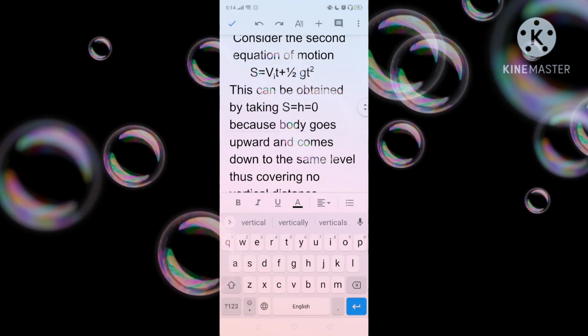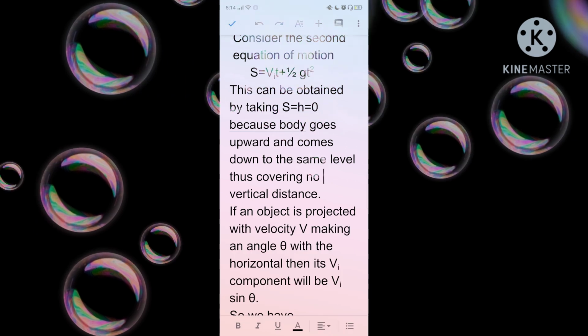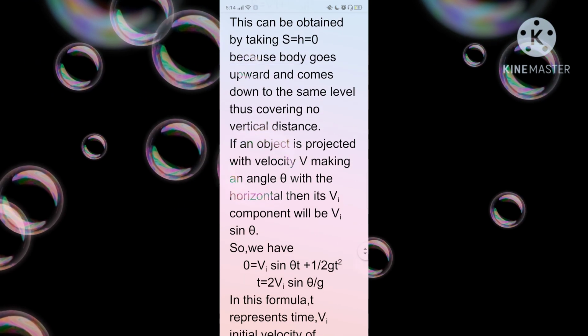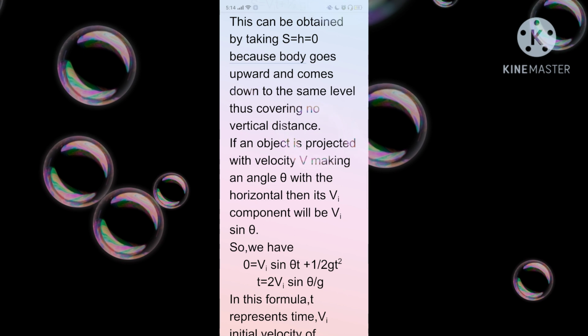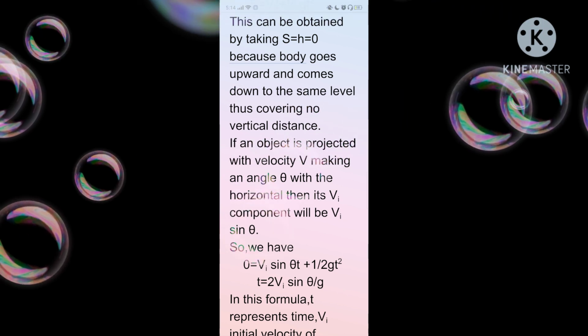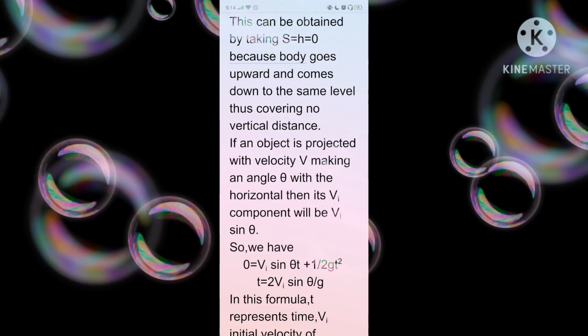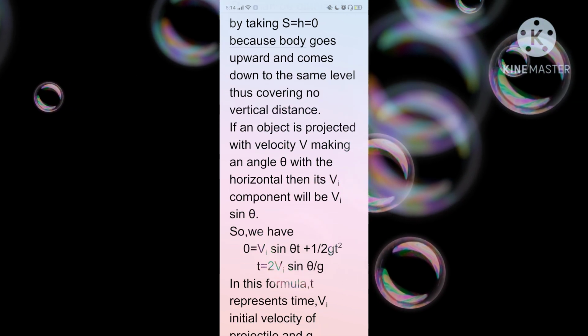If an object is projected with velocity capital V, making an angle theta with the horizontal, then its initial velocity component will be vi sin theta.